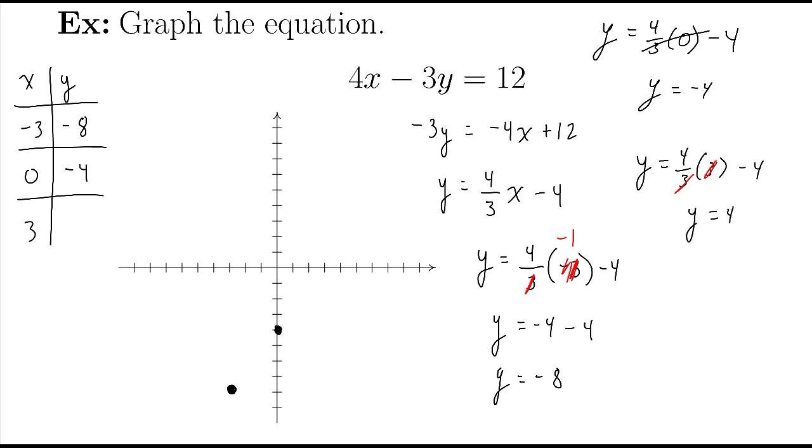And 4 minus 4 is 0. So 3, 0. Okay, so we have our 3 points. Let's go ahead and draw our line as best we can. That was a little squiggly, but it'll do. Okay, so there we go.